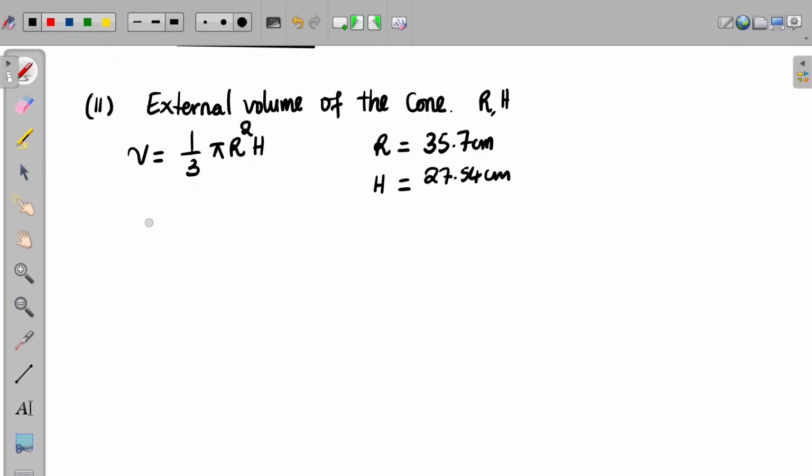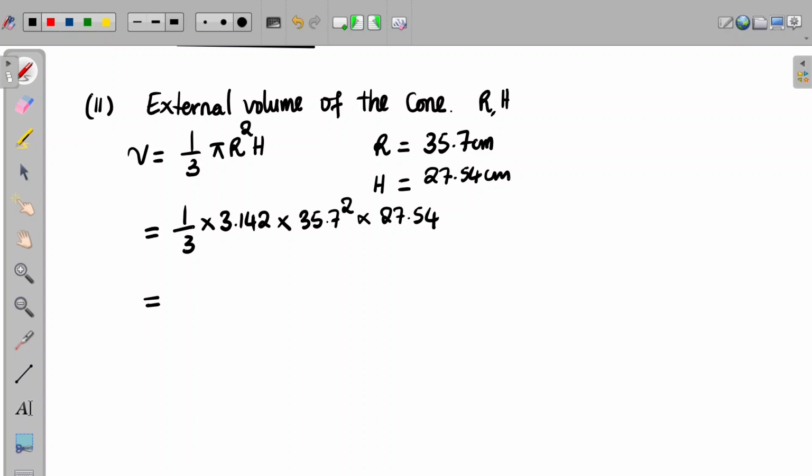I'll say volume is equal to 1 over 3 times pi, 3.142, times capital R, which is 35.7 squared, then times height, which is 27.54. So let me just do this one.